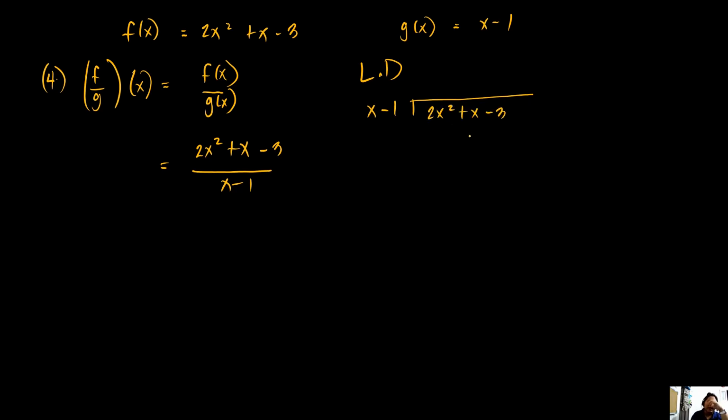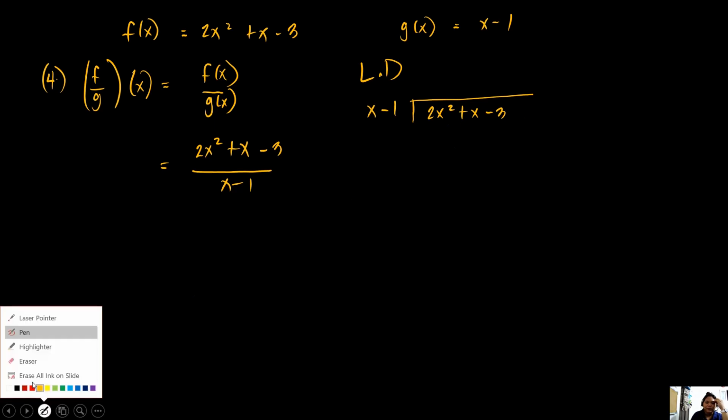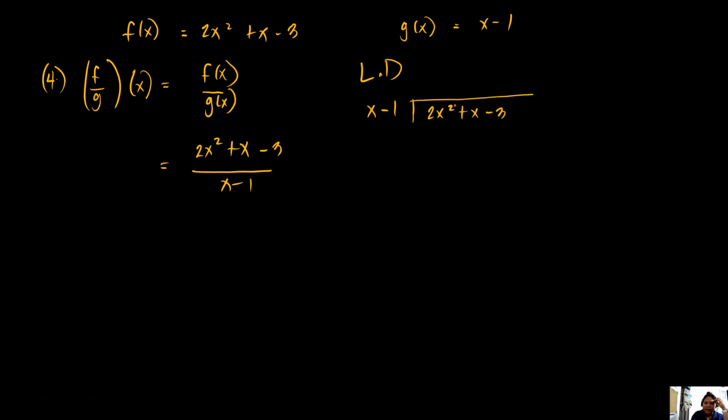By the way, class, you have to remember that when you are dividing a function or an algebraic expression, the degrees inside must be consecutive. As you can see here, class, we have 2, 1, and 0.